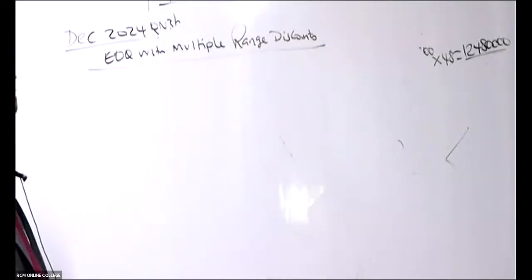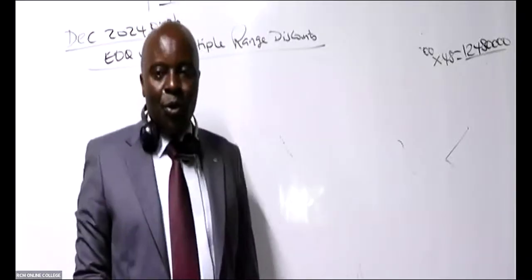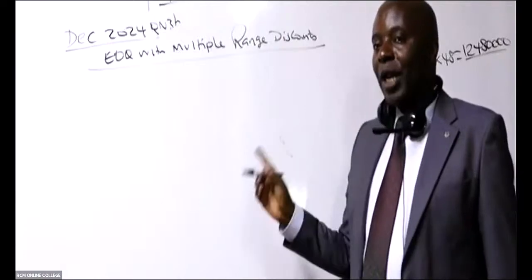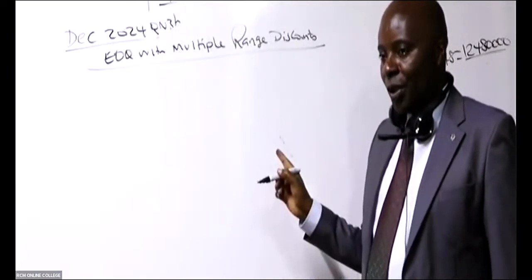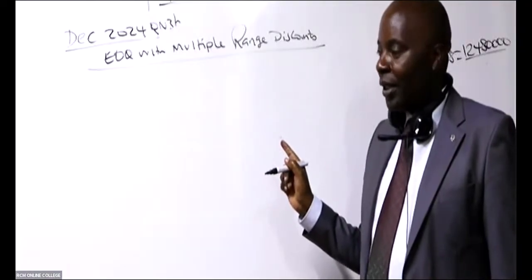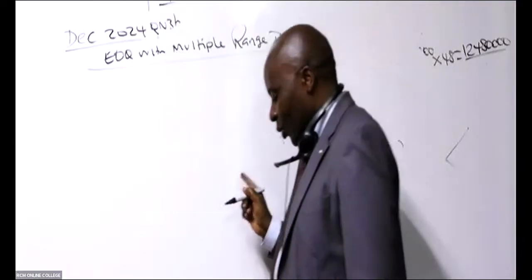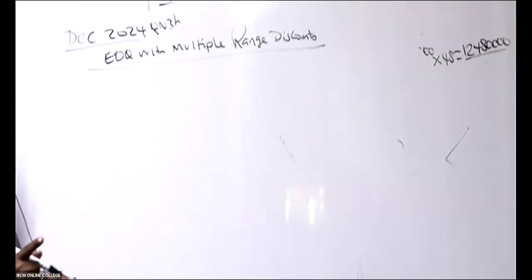Very, very important before we look at something different. EOQ stands for economic order quantity with multiple range discounts. They brought this in April 2025, and it really disturbed our students, those who are not very serious. Otherwise, if you are serious, this is a very simple thing.